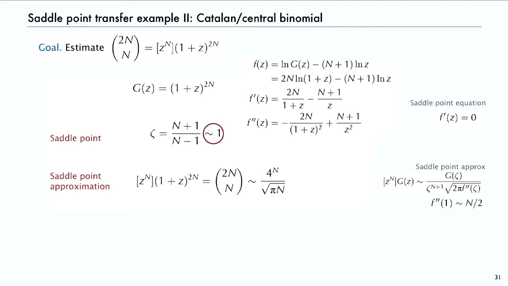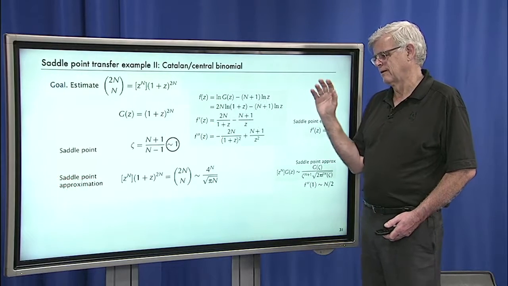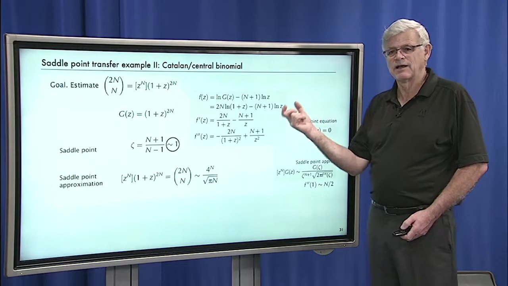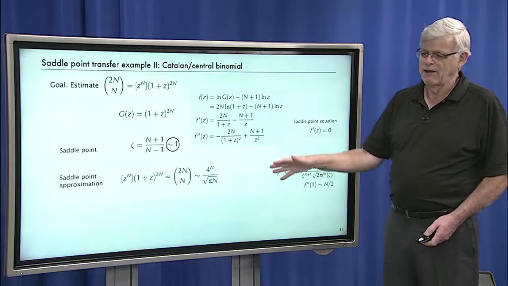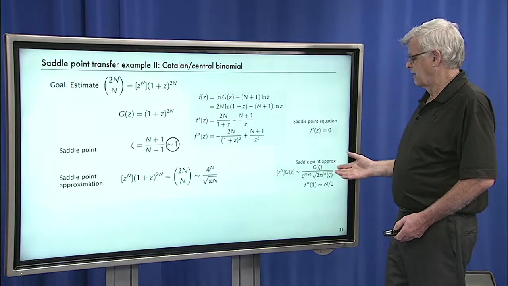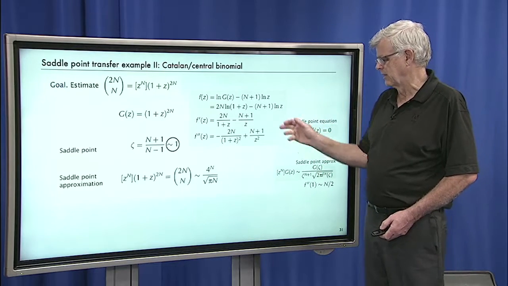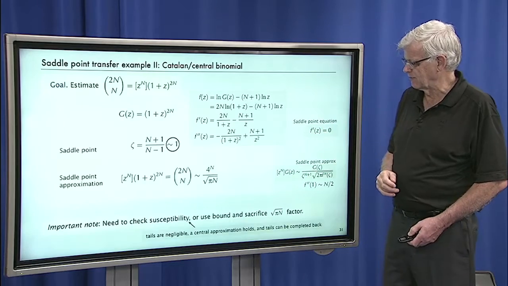Making that choice early on also simplifies the check of susceptibility and so forth, which is something you want to do. You're going to slightly shift the saddle point as long as that doesn't disturb the idea that you have a quadratic approximation and that you have negligible tails. It's not going to matter, and we can more easily complete a full derivation for a problem like this.